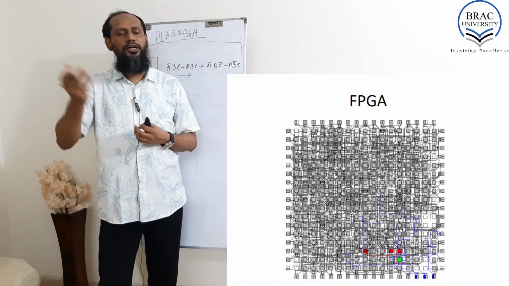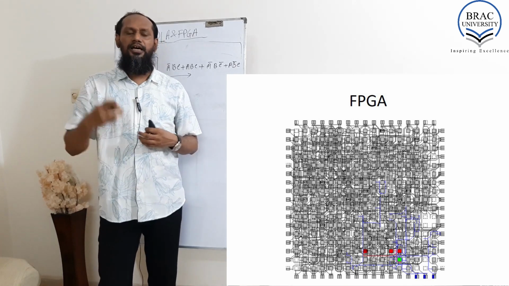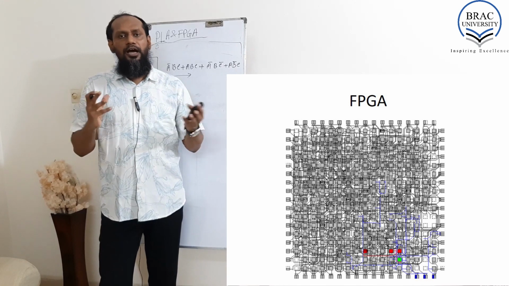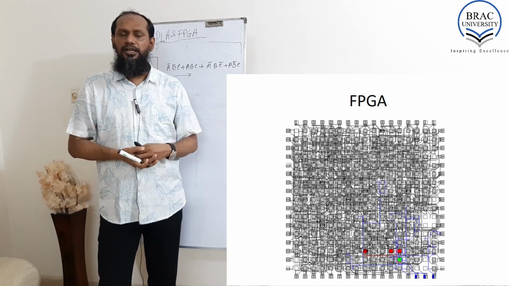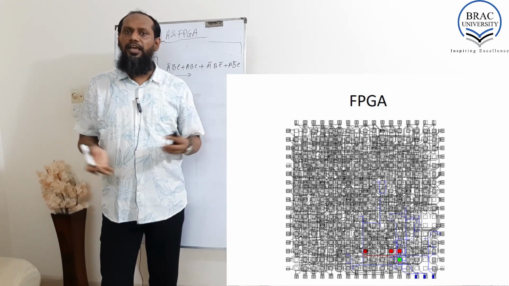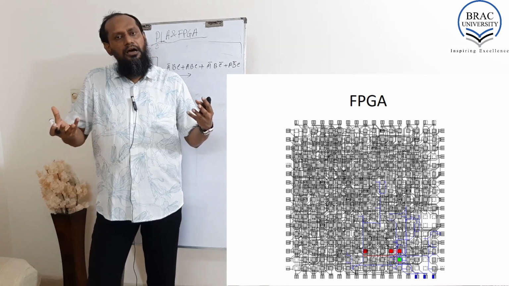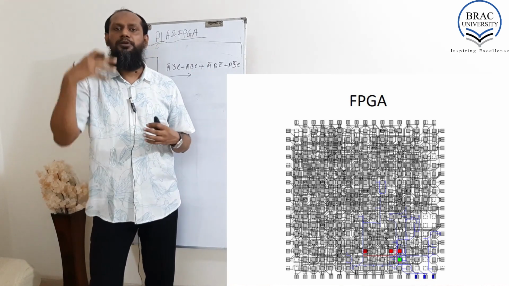Since in future IoT is coming, AI needs to be implemented inside the edge computer, and different types of image processing and different AI algorithms need to be implemented inside a home automation system or inside a car automation system.